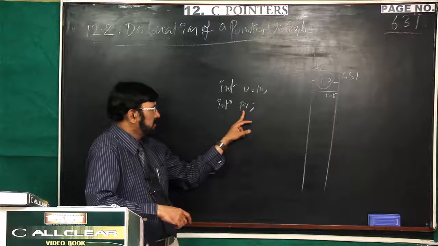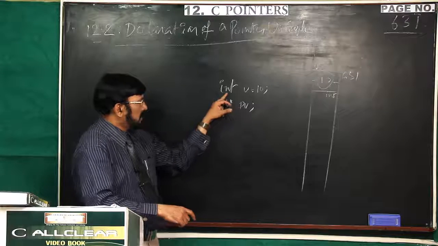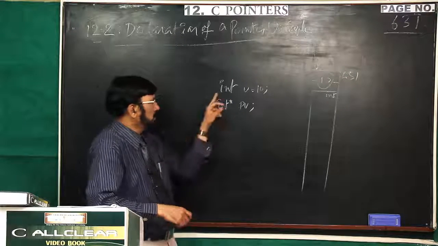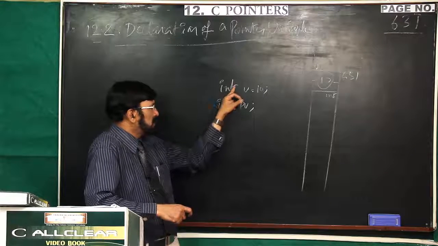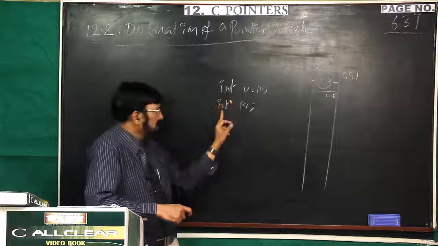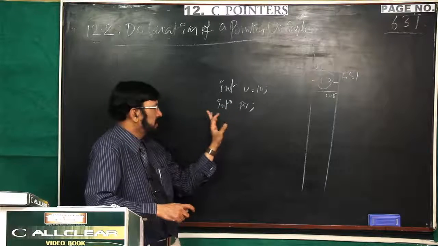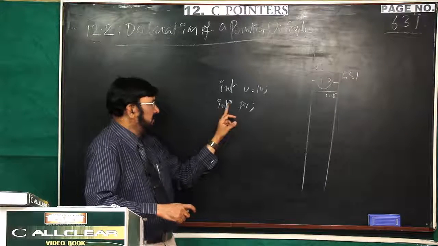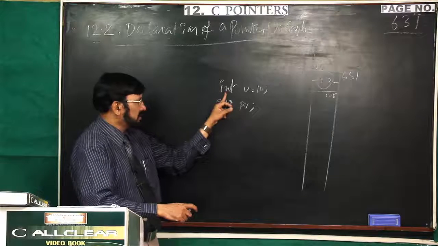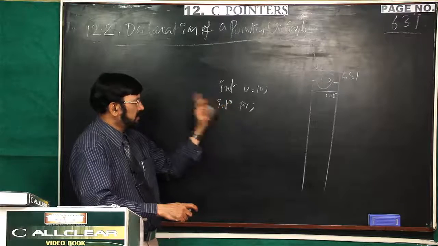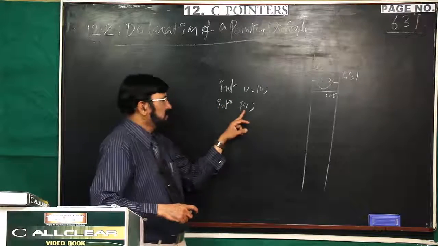Here two points you have to notice. Here we have written only int. Here, int star. If you write int star, then it is an integer type pointer. This is an ordinary integer type. Integer type pointer. You understand that its name is PV.